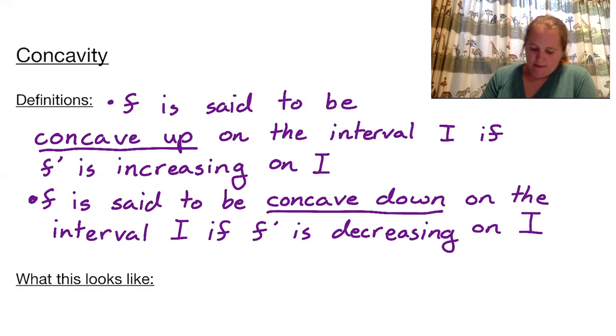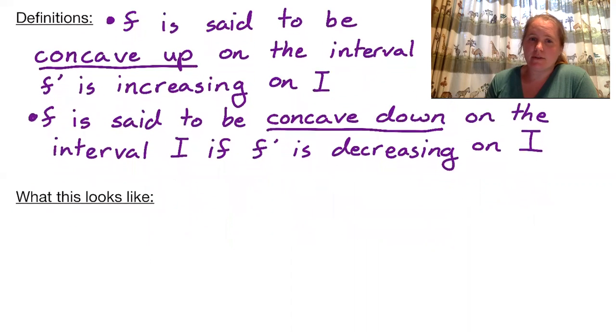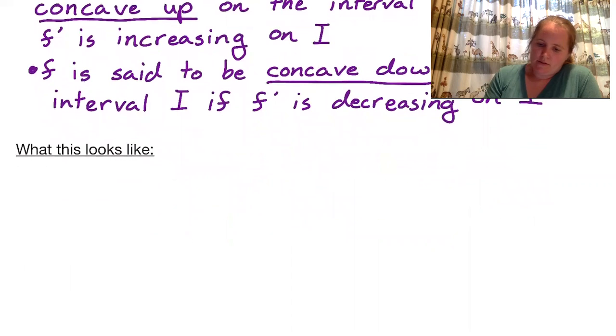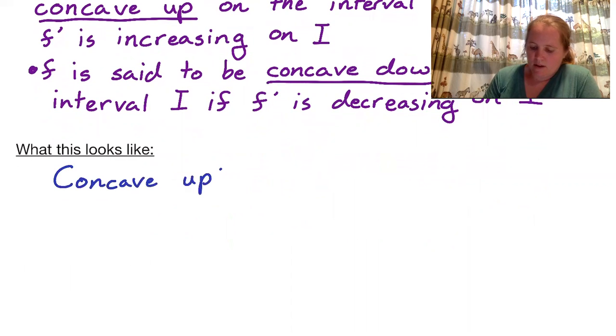So if we think of this in terms of f prime being the slope of the tangent line, we can get a visual of what it might mean for a function to be concave up or concave down. So if we think of concave up, imagine the derivative.